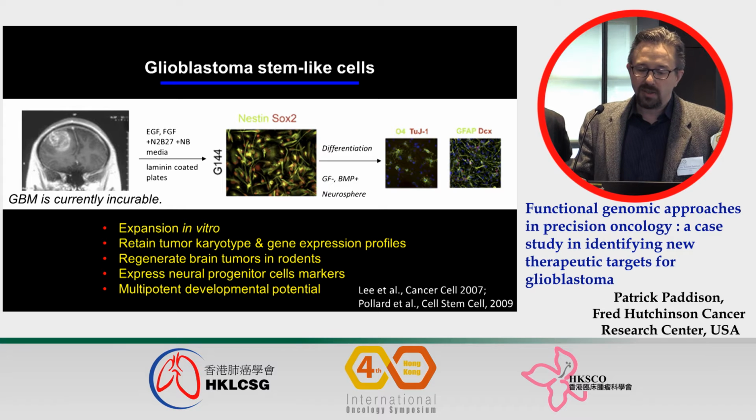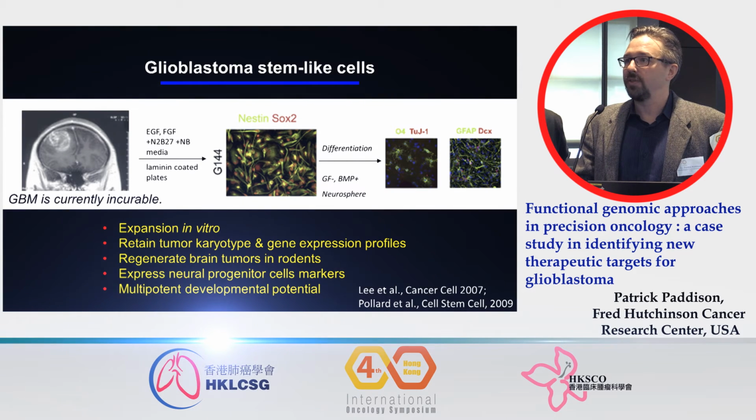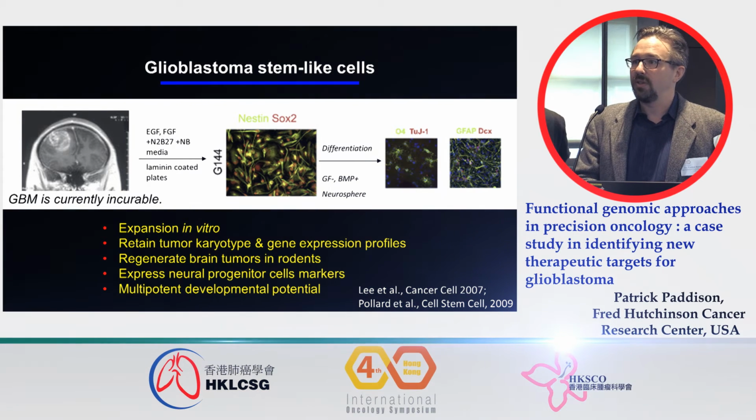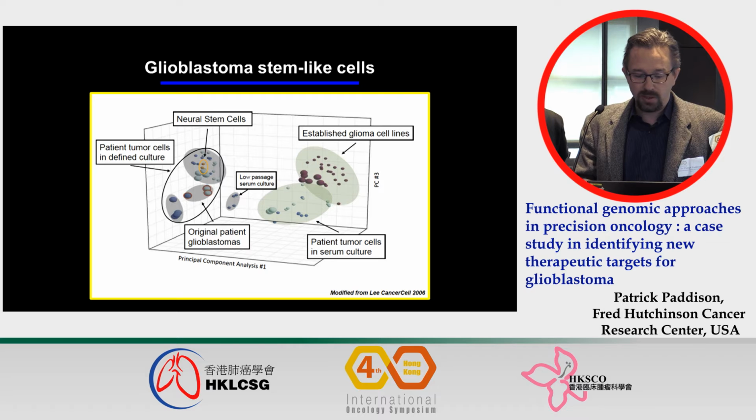Now, driving this are these glioblastoma stem-like cells, and they're great because we can derive them in serum-free, defined conditions on laminin-coated plates, and they retain karyotype and gene expression profiles of the original tumor and can regenerate the tumors in the rodent brain, immunocompromised rodents.